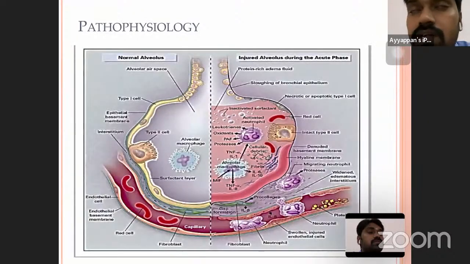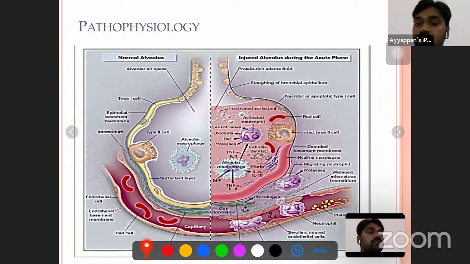This is a picture which may explain better the effects of ARDS or an inciting event. So here you can see this is the capillary, this is the alveolar epithelium, which is lined by the type 1 pneumocyte, which is the most abundant one, which covers the entire alveolar epithelium.